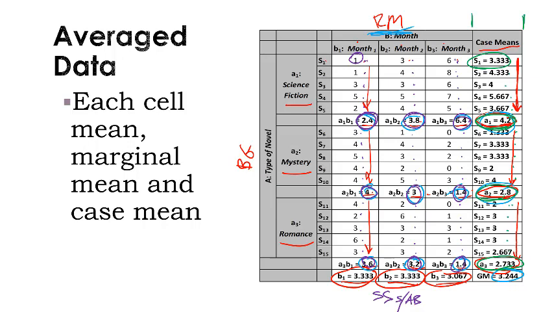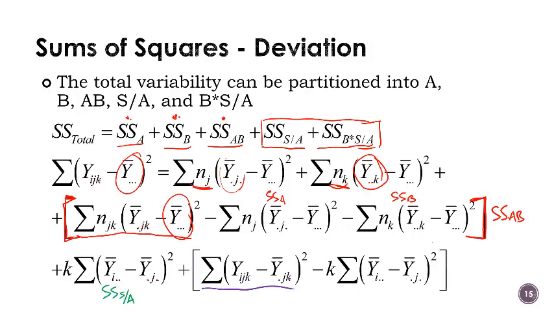But because it's repeated, there's a repeated measures component here, and we found how subjects are nesting within A, so we have to subtract that part out.